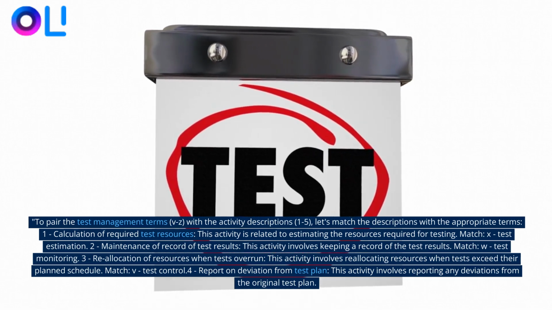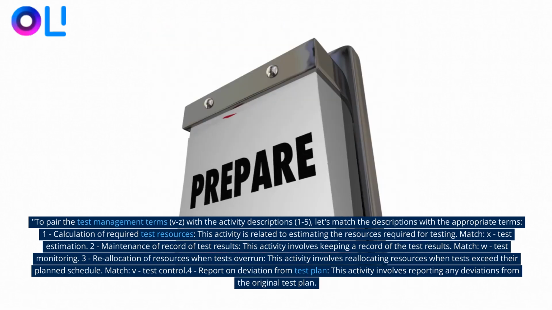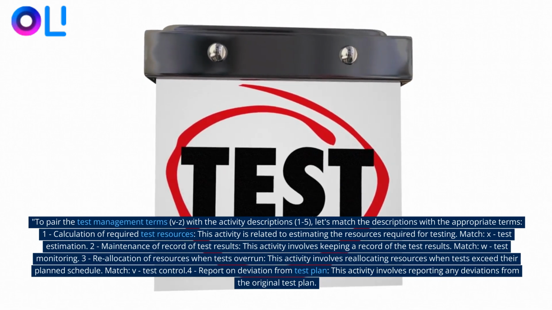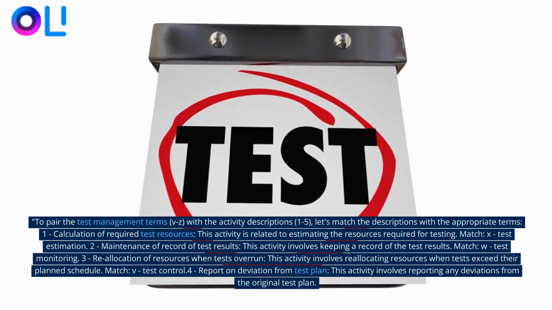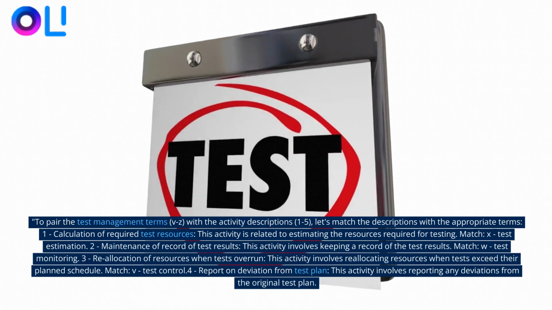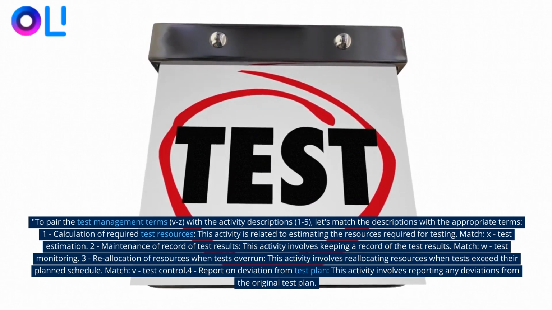3. Reallocation of resources when tests overrun. This activity involves reallocating resources when tests exceed their planned schedule. Match: V, test control. 4. Report on deviation from test plan. This activity involves reporting any deviations from the original test plan.